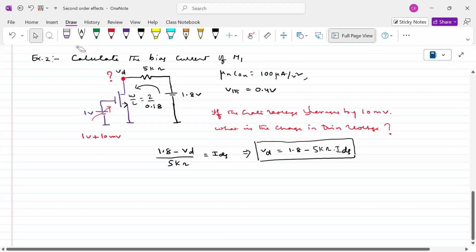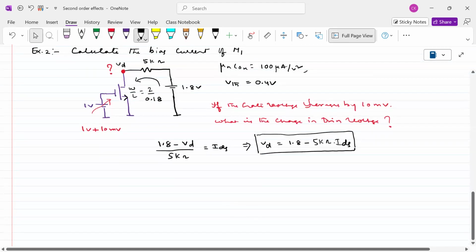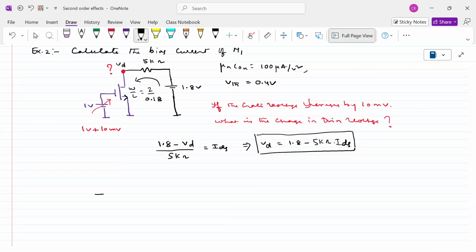Or simply people will write this in this way. For example, this is 1.8 volts, and this is the source, which is at 1 volt.